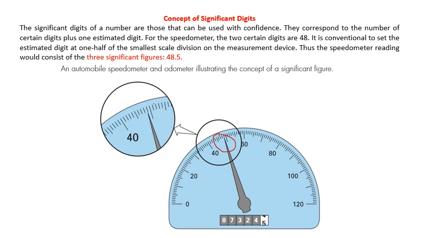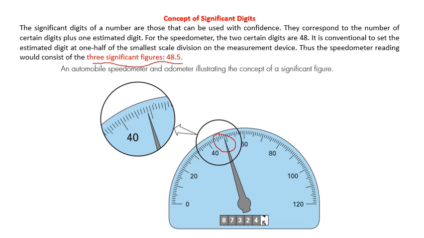It's more than just 48, so you can say it's 48.5. This is called the concept of significant digits. It has three significant digits: with surety I can say the reading is 48.5.